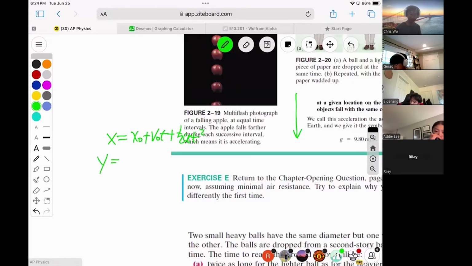So y is equal to y naught plus v naught t plus 1/2 g t squared. However, since we define g to be a negative number, as we usually do, because gravity is going down and we usually define the upward direction to be positive, we write it this way. But that's a minor detail. As long as you plug in the right number, knowing that it's going downward, you're good.